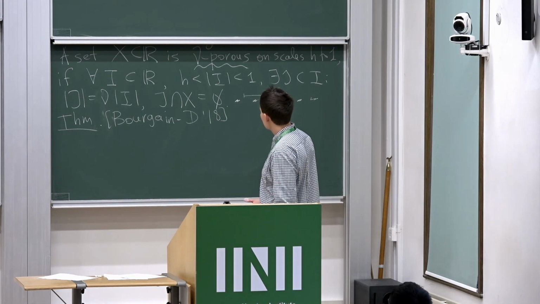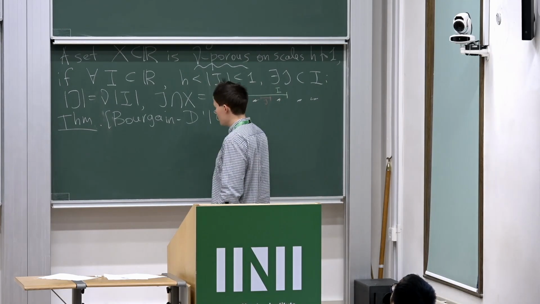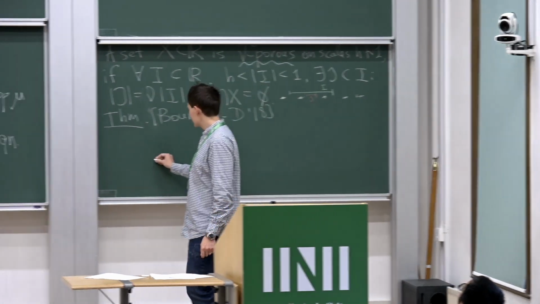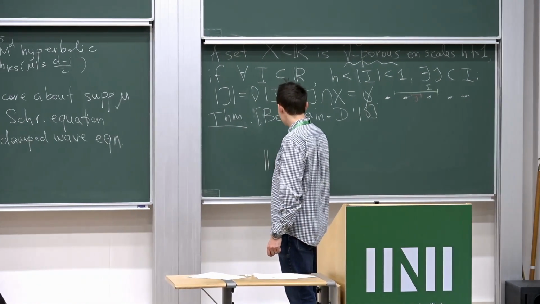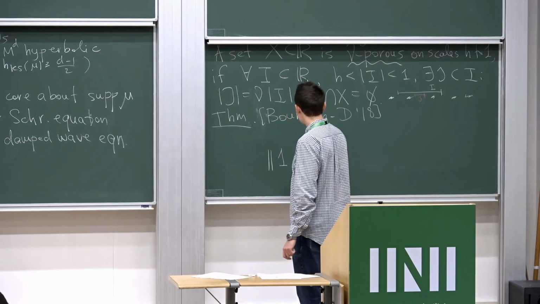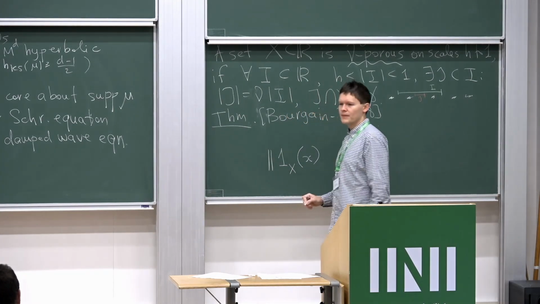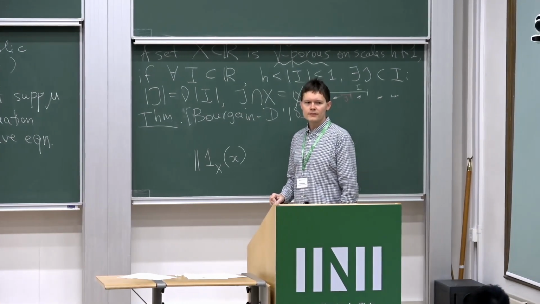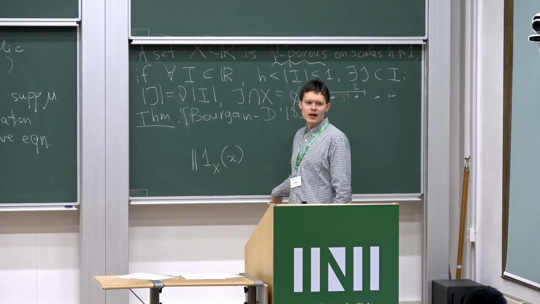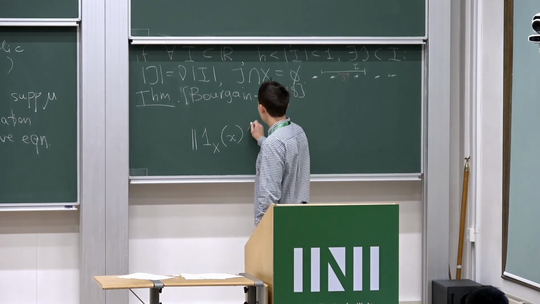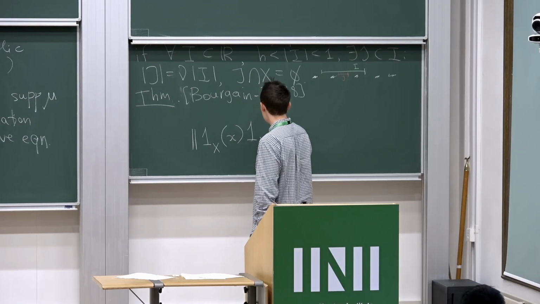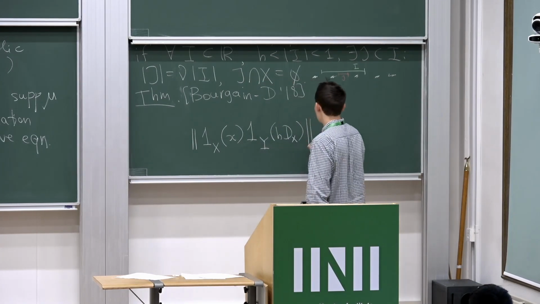So what's the fractal uncertainty principle? It's a statement of this form: if I take two operators, one is localization in position to a fractal set, and the other one is localization in frequency to a fractal set.